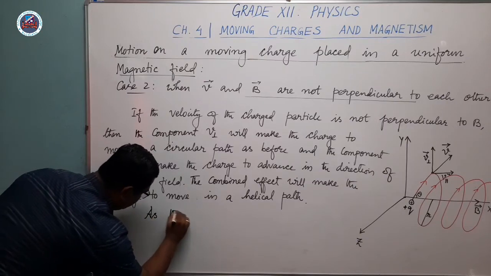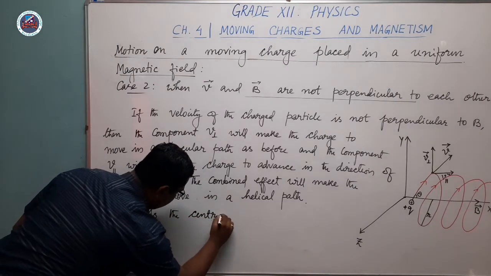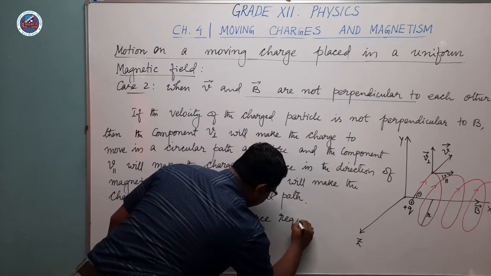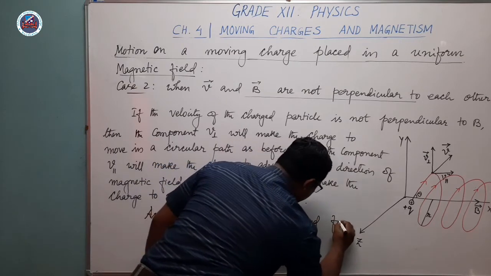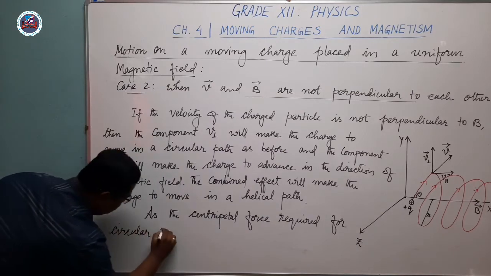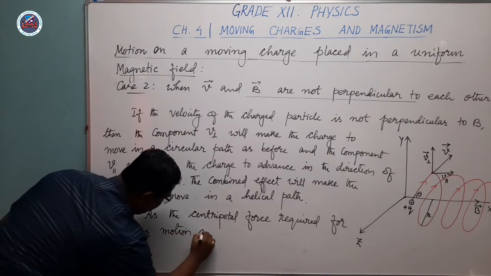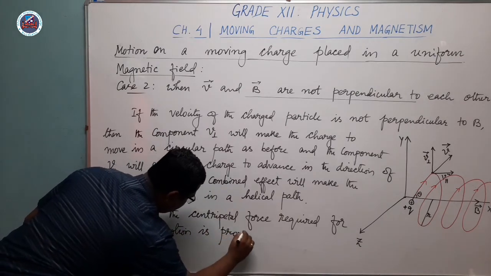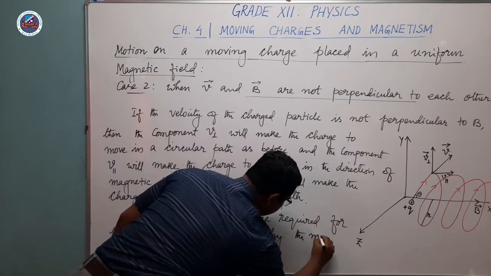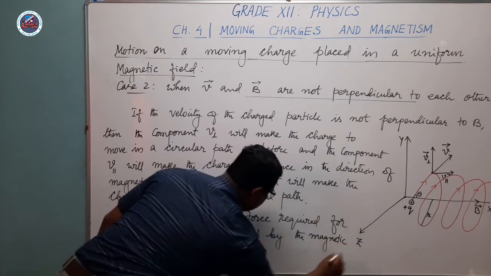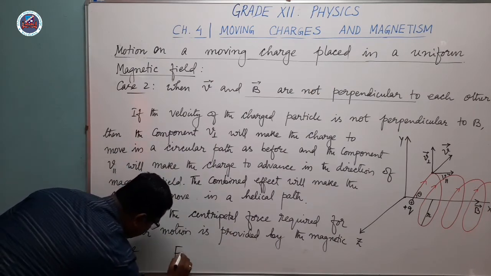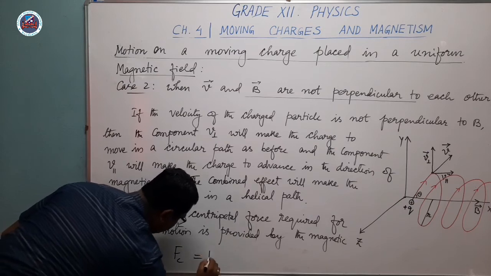As the centripetal force required for circular motion is provided by the magnetic force, centripetal force Fc will be equal to the magnetic force.